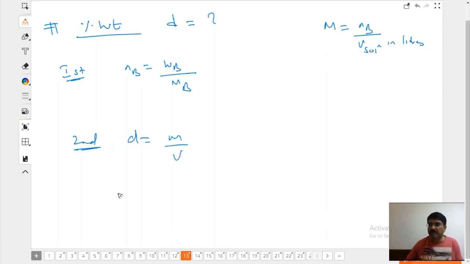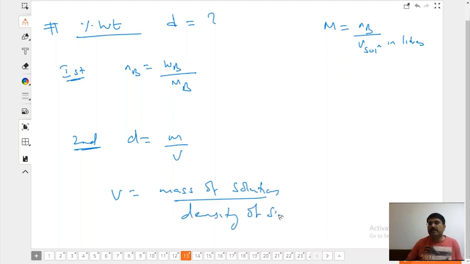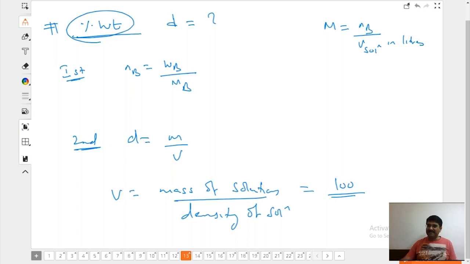Density is mass per unit volume. What is volume, beta? Mass of solution divided by the density of the solution. If I gave you percentage, definitely what is going to be the mass of solution? 100 hoga, divided by density.